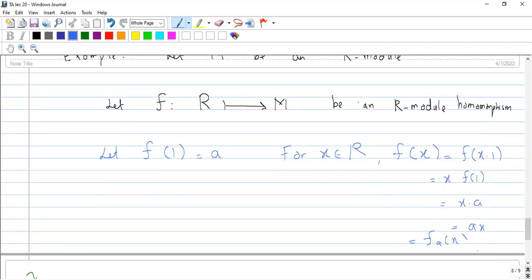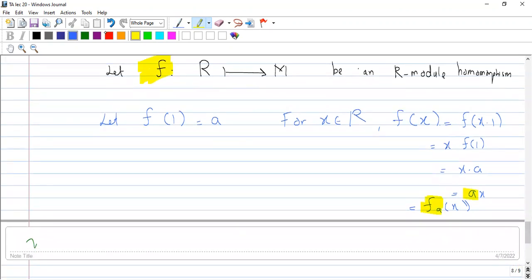So in the same way, we can also classify all R module homomorphisms from R to M. Just like all R module homomorphisms from R to R were in the form of f of a, all R module homomorphisms from R to M are also in the form of f of a, because I started with an arbitrary R module homomorphism and proved that it is in the form of f of a, since it is induced by a.